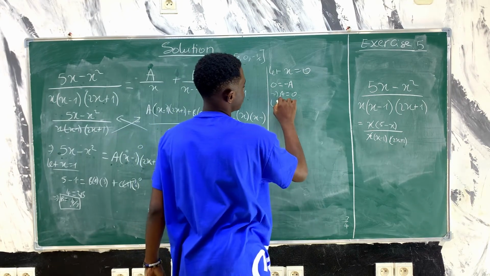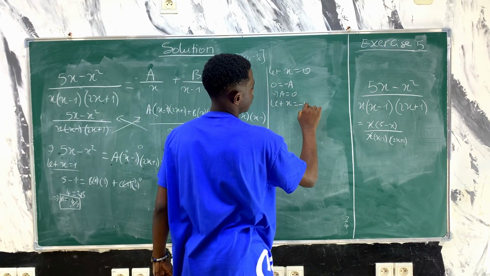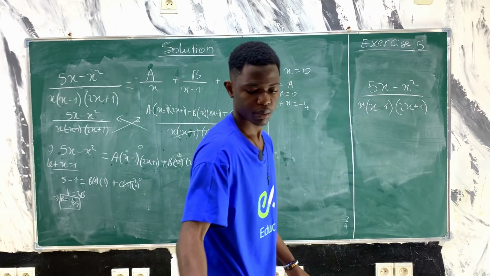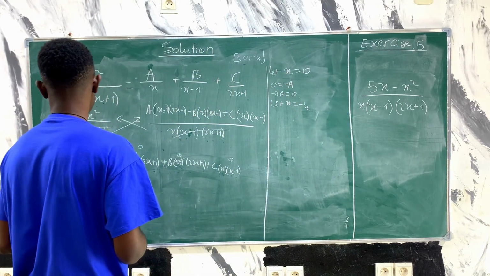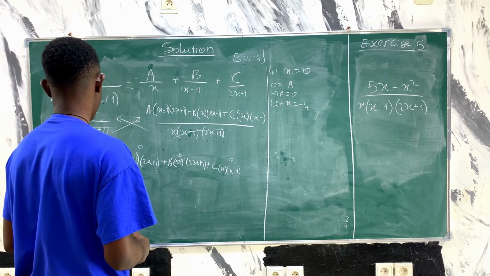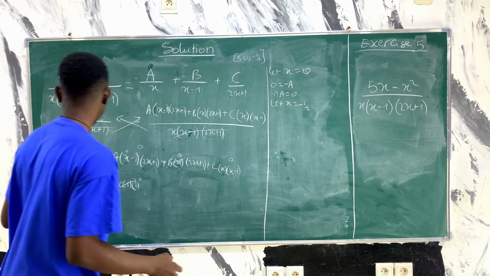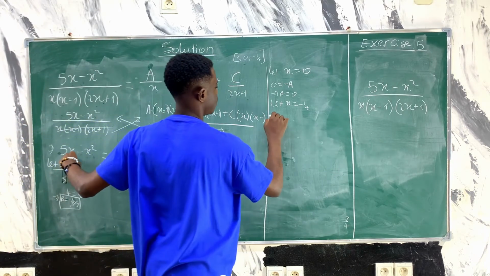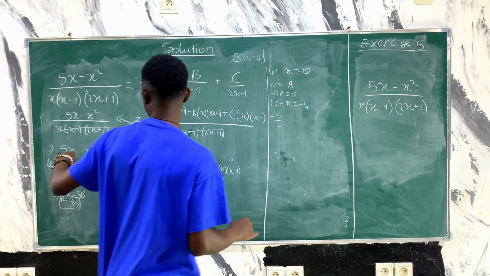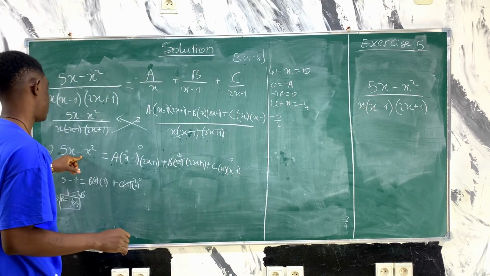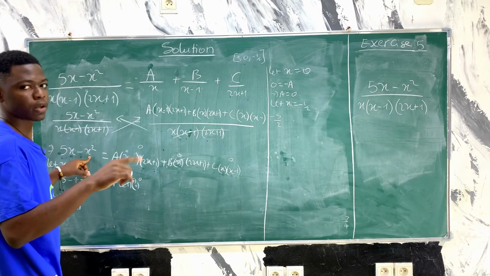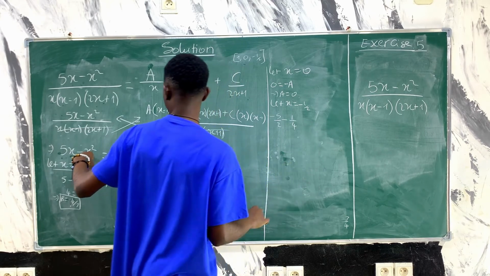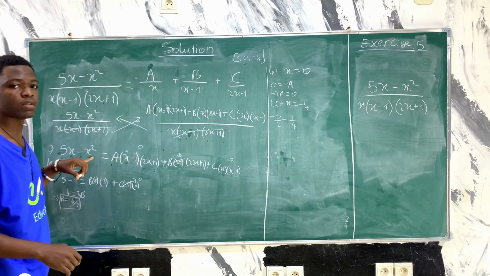So letting x be minus half. When we put minus half here, what do we have? Half minus 5 on 2 minus, what is minus half squared? 1 on 4.